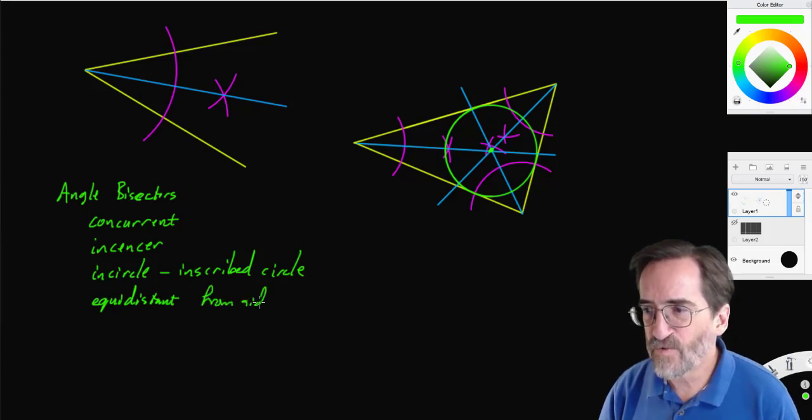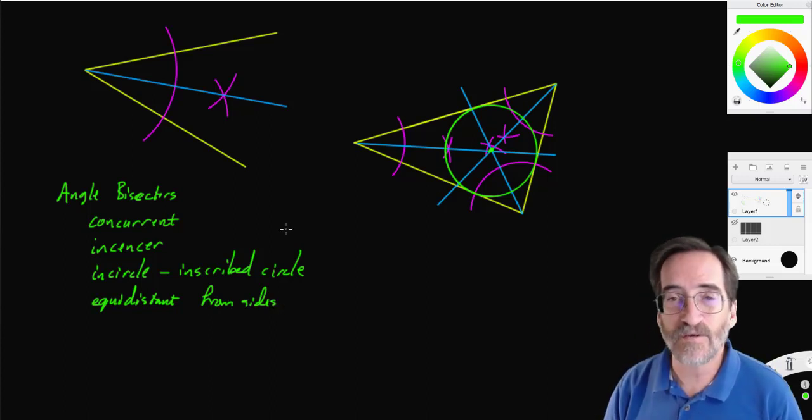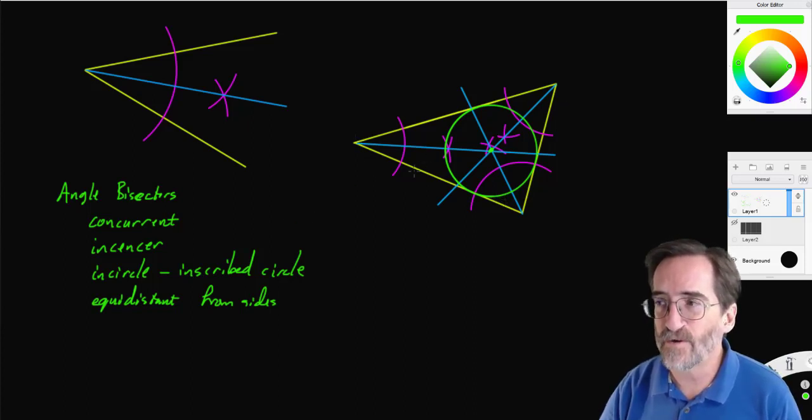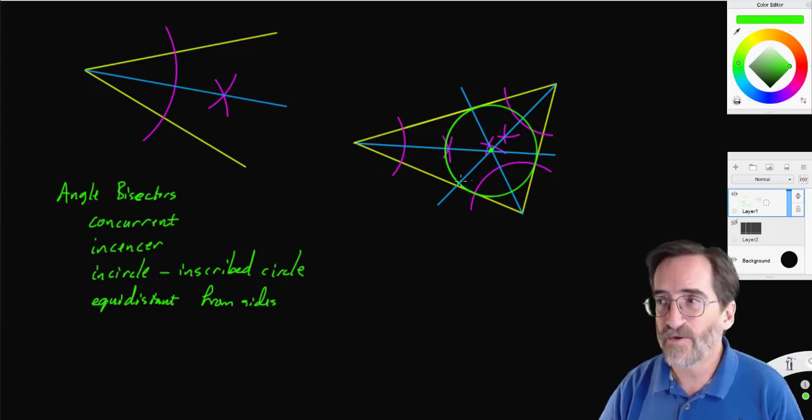And that goes with what we learned about angle bisectors and perpendicular bisectors last lesson. Perpendicular bisectors are equidistant from the endpoints of the line segments, in this case the corners of the triangle. Angle bisectors are equidistant from the sides of the angle, in this case the sides of the triangle.